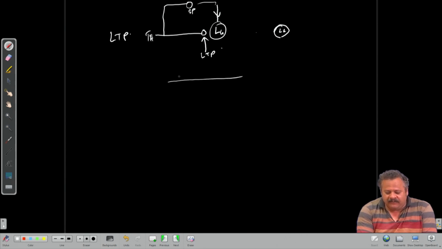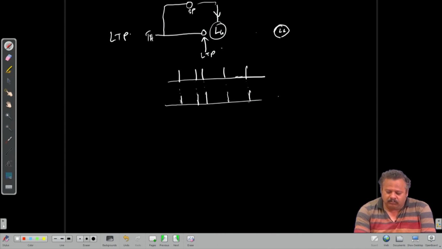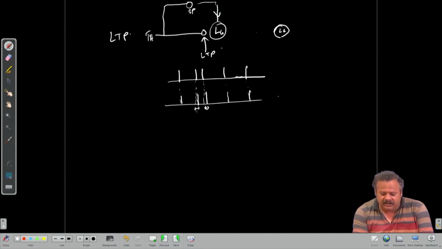So, now if we have a thalamus action potential at these time points, the layer 4 neuron is firing action potentials at one synapse delay only. This is the synaptic delay here, and so on.